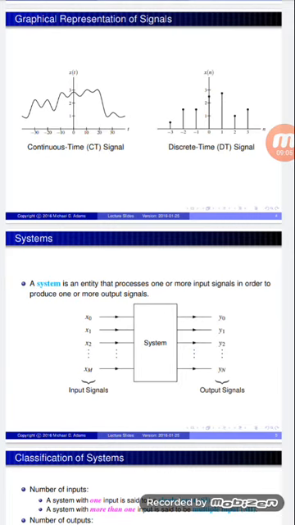A continuous time signal has a physical phenomenon, like positives and negatives, but a discrete time signal is separated into equal intervals, and then the signal is formed like a digital signal, which contains zeros and ones.